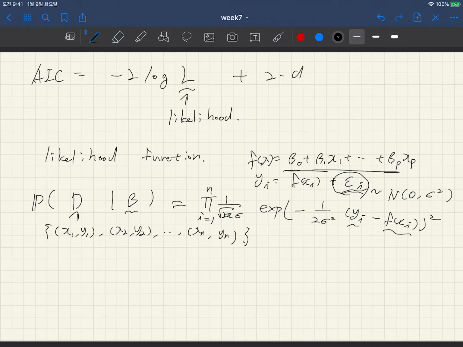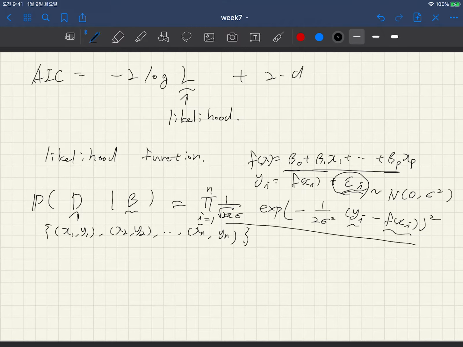And since epsilon i are independent Gaussian noise with mean zero and variance sigma squared, the likelihood function is this product of the Gaussian noise probabilities.